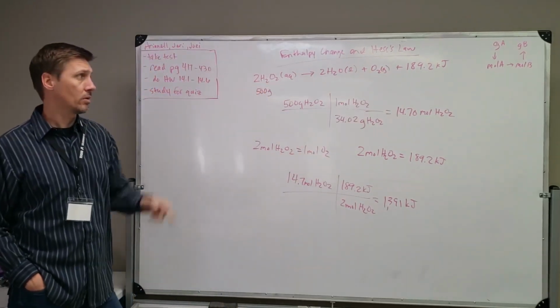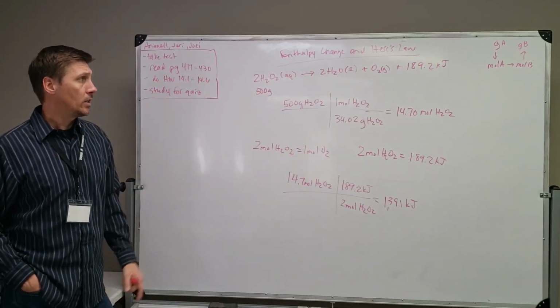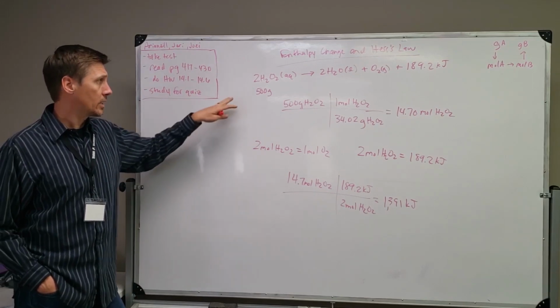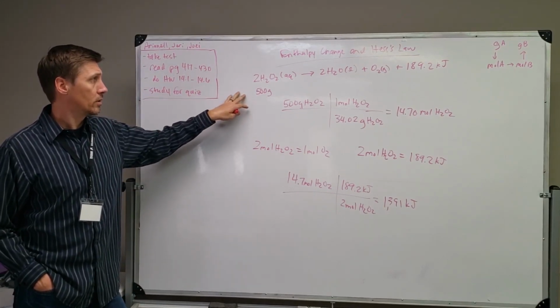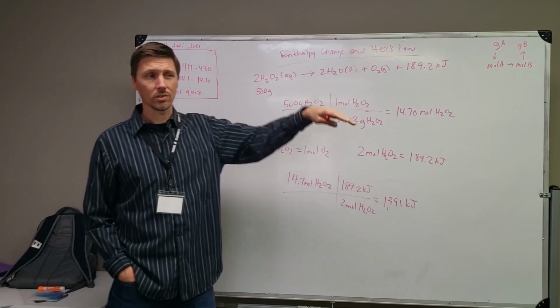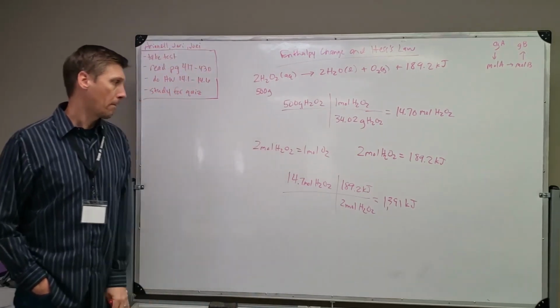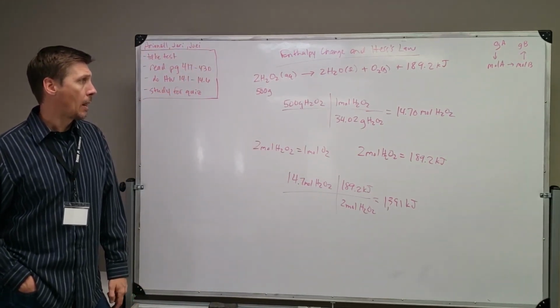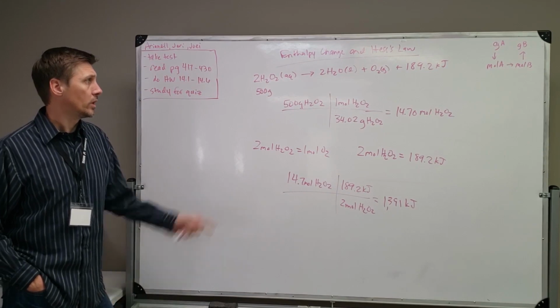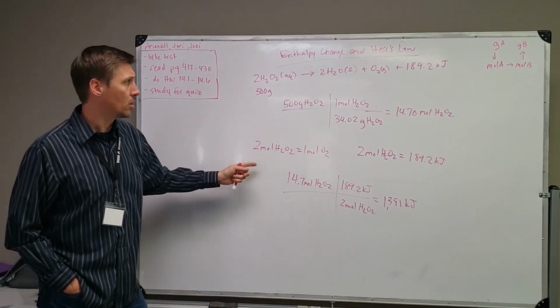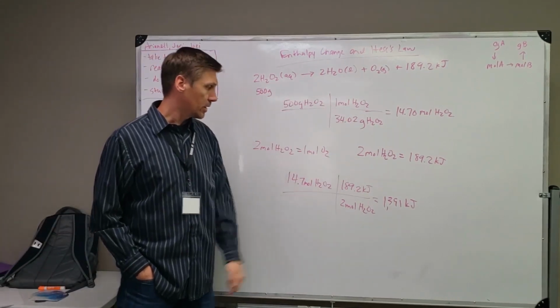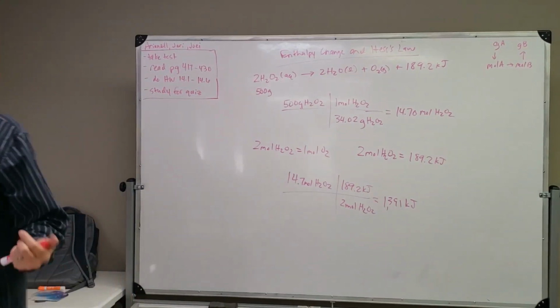Because it was negative, we put it on the product side. And then you use that relationship to convert from the grams of one substance to the amount of energy. That's basically what we did. We did grams to moles here, and then we did moles to energy using that relationship.